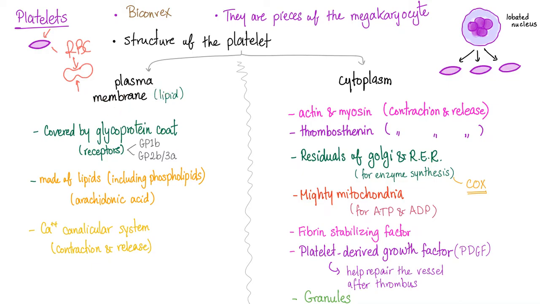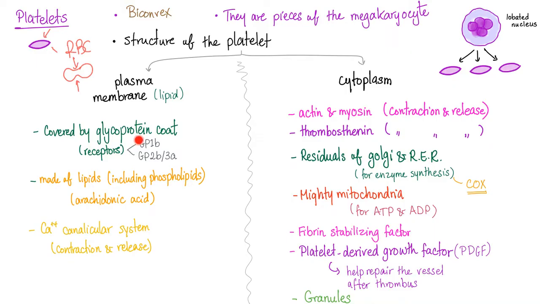The plasma membrane or the lipid bilayer. If you remember our discussion about the cell membrane, any cell membrane is a lipid bilayer and it's covered by a glycocalyx. Glycocalyx is just carbohydrate. Platelets are slightly different. Yes, they have the lipid membrane, but they are covered by not carbohydrate, but carbohydrate plus protein. Why protein?